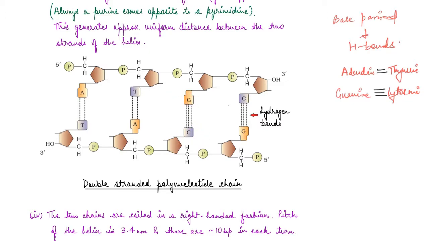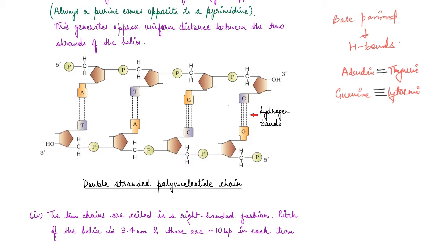This generates approximately uniform distance between the two strands of the helix. Remember that this hydrogen bond attachment between the nitrogenous bases of the opposite strands maintains a uniform distance between the two strands of the helix.